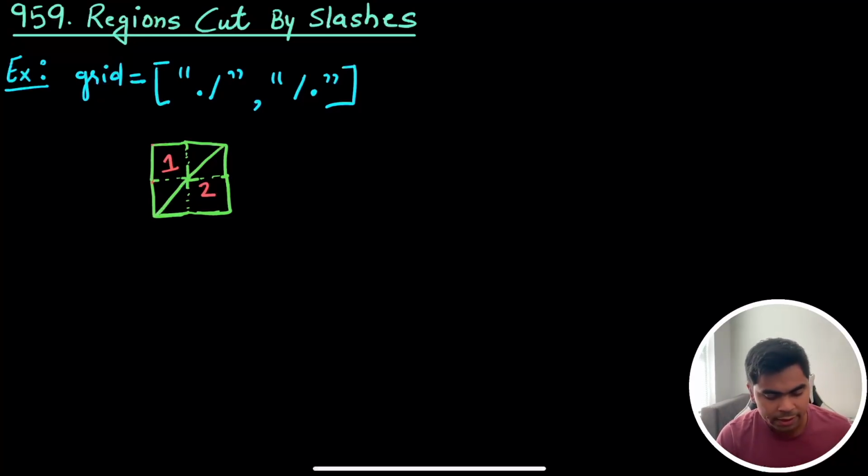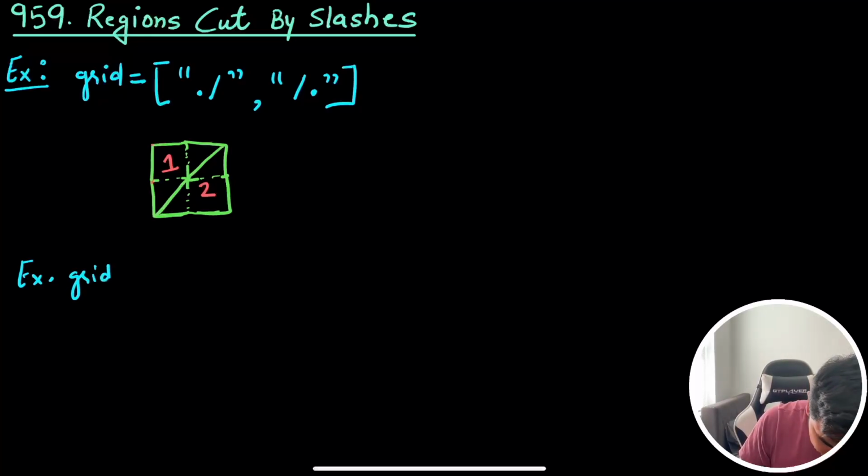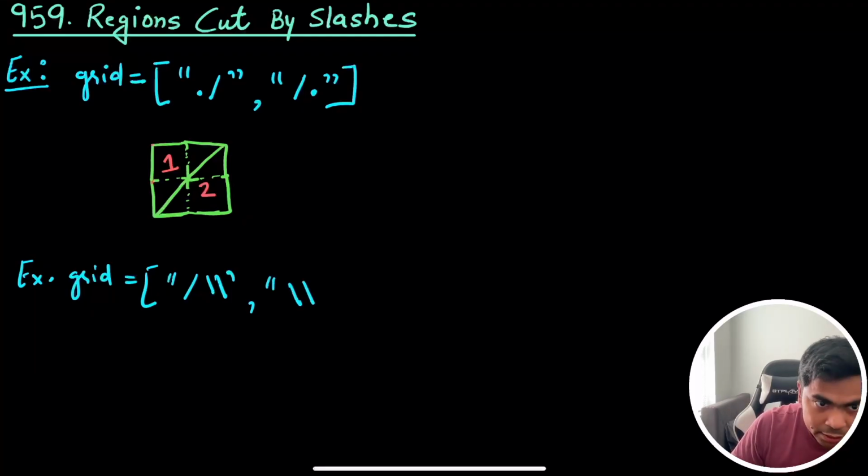If you want to take another example, example 2, so we can better understand what the problem is asking us. This gives us a forward slash, then a backward slash, and then a backward slash, and then a forward slash. So let's draw this. Just remember this represents one backward slash.